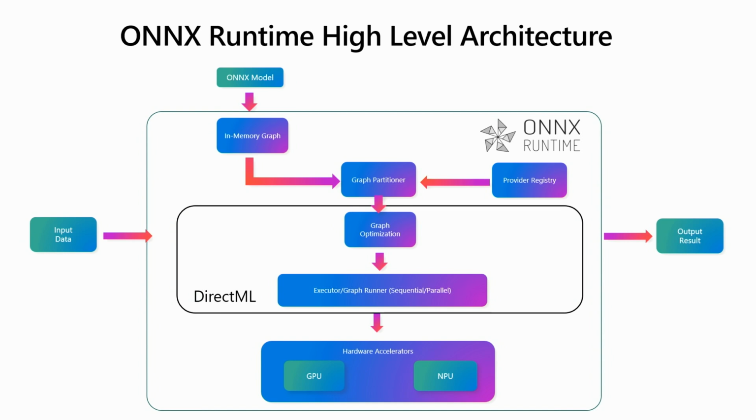ORT has a flexible execution provider, or EP framework, to support integration with hardware acceleration APIs such as DirectML. It supports a myriad of languages such as Python, C#, and C++, allowing you to code in your language of choice. It's used for applications such as GenAI, image synthesis, text generation, and more.